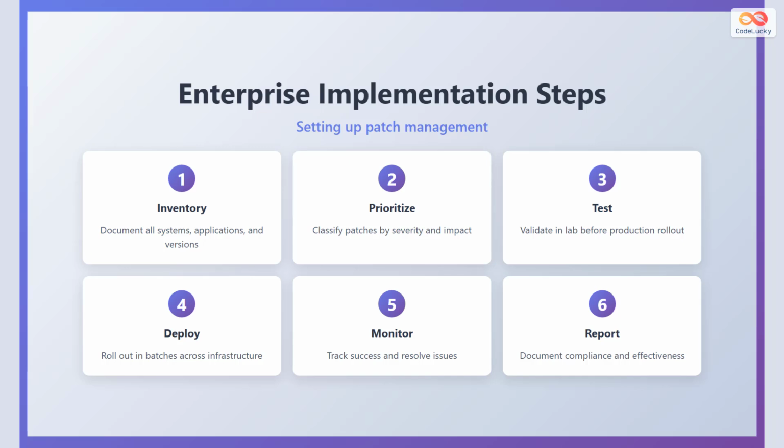Roll out patches in batches across your infrastructure to minimize risk. Fifth, monitor. Track success rates and resolve any issues that arise during deployment. Sixth, report. Document compliance and effectiveness through comprehensive reports. Following this structured approach ensures patches are deployed successfully while minimizing operational disruption.